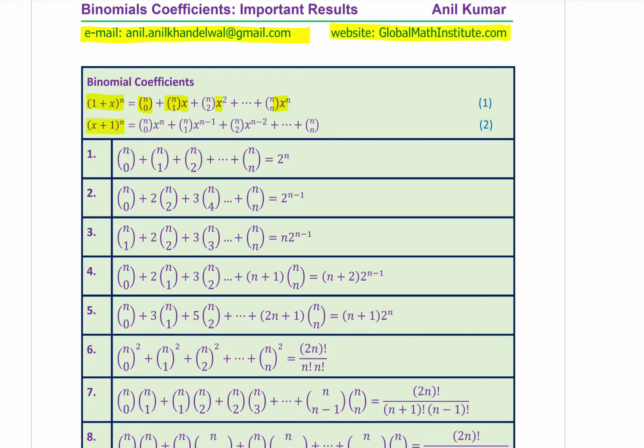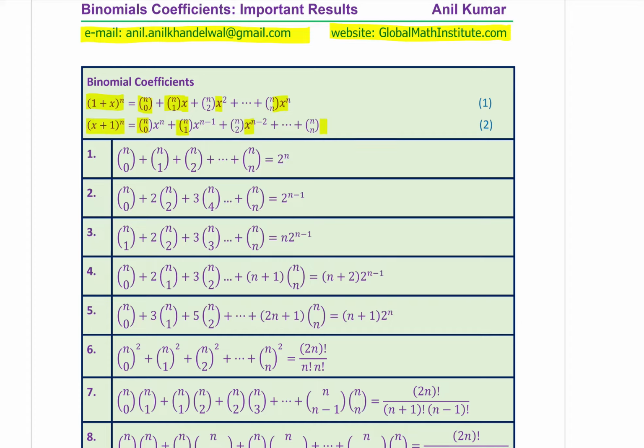And if we write this as x plus 1 to the power of n, you get these binomial coefficients with decreasing power of x, right? So these are the two series which help us to prove most of the identities or the results which we are going to look into in this particular video.